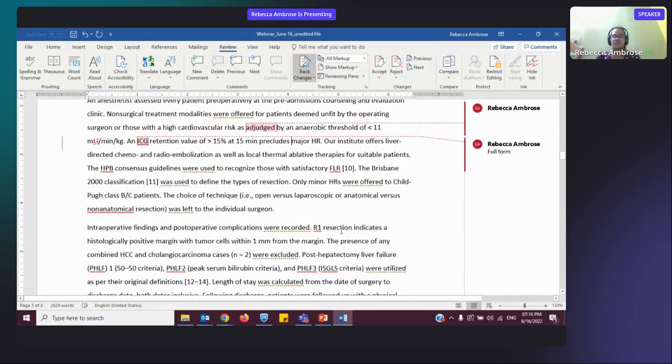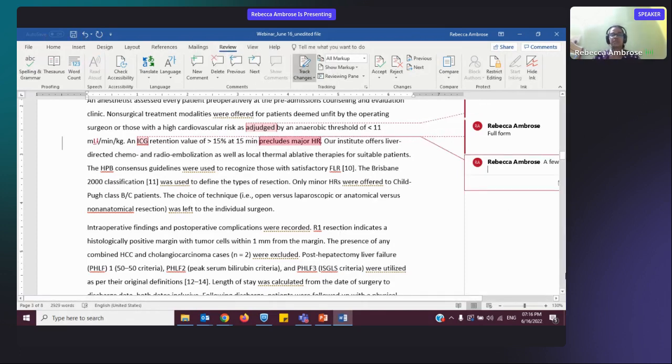Retention value of so and so at 15 minutes precludes major HR. This bit is slightly technical, so this is something that I would have to look up later. An institute offers liver-directed chemo and radioembolization as well as local thermal ablative therapies for suitable patients.